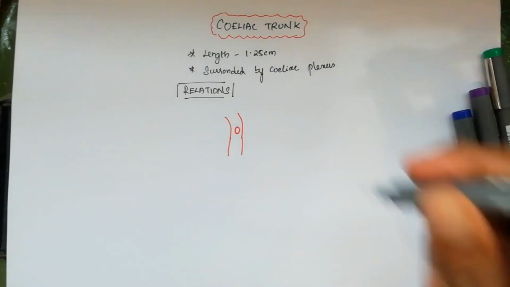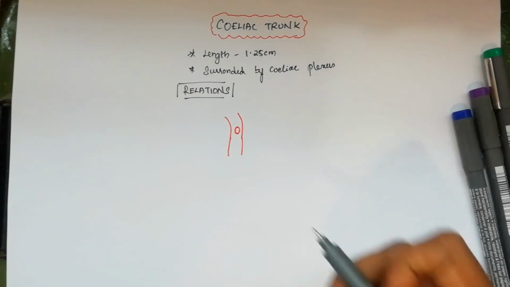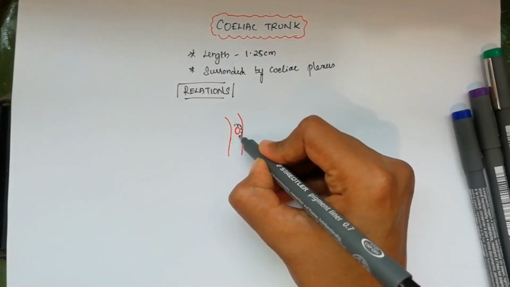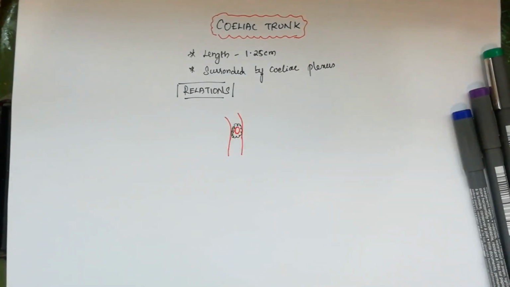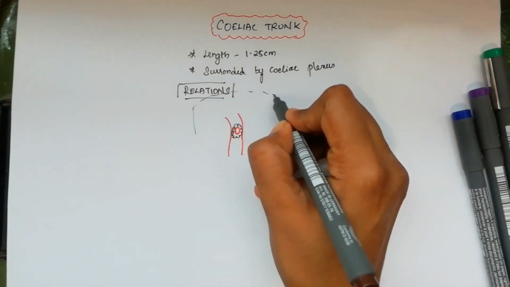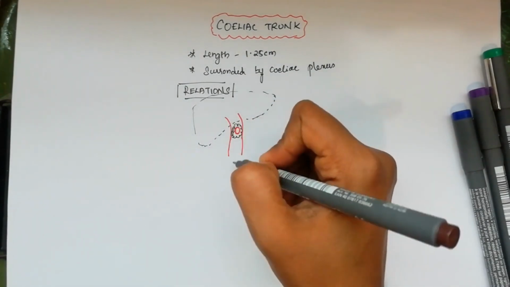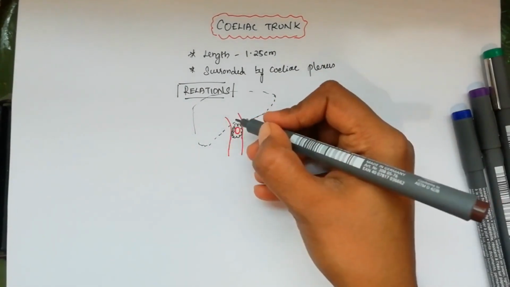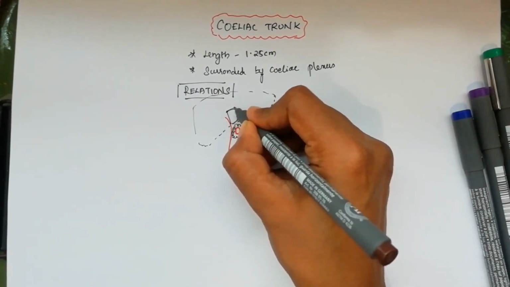It is surrounded by the celiac plexus, and above the celiac trunk we have the relation of the liver. On the inferior surface, that is the visceral surface, of the liver we have a process, the papillary process.